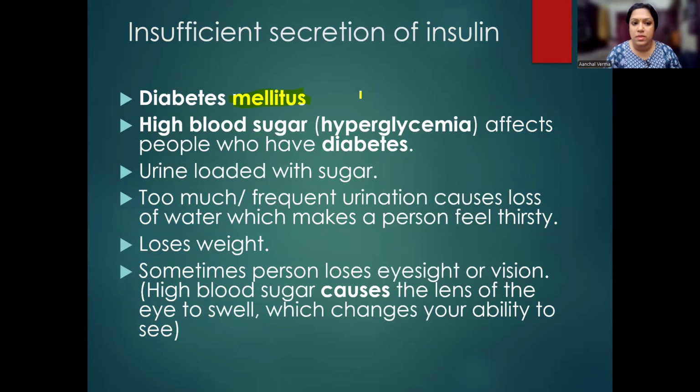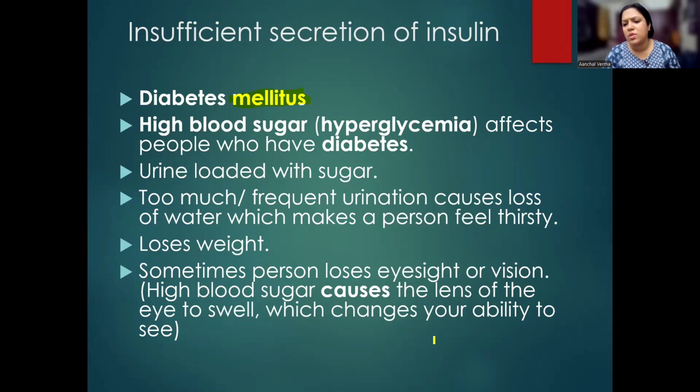Now, how does high blood sugar level, that is hyperglycemia, affect the people who have diabetes? Urine loaded with sugar. Too much frequent urination causes loss of water, which makes the person feel thirsty, loses weight, and sometimes the person loses eyesight or vision because high glucose causes the lens of the eyes to swell, which changes the ability to see.